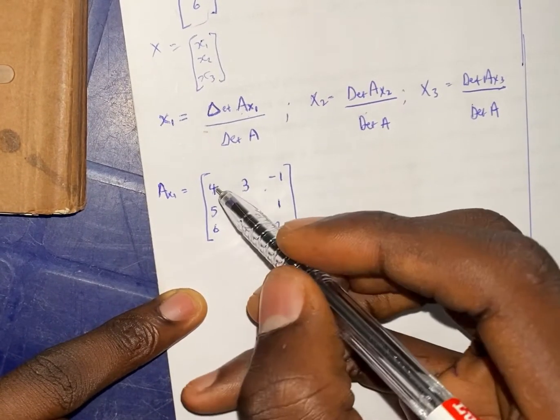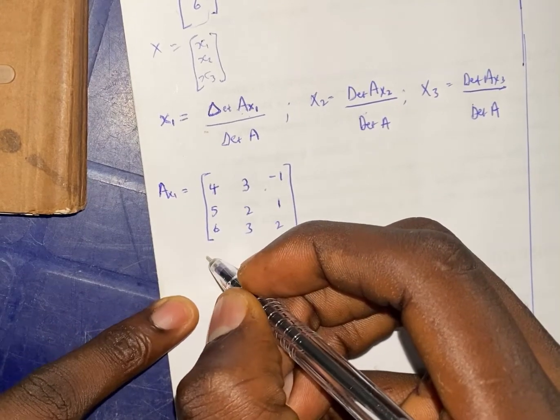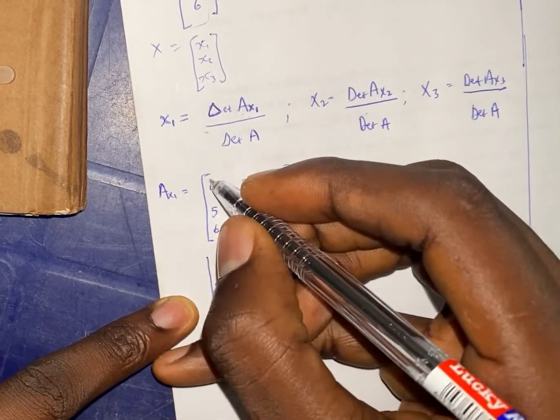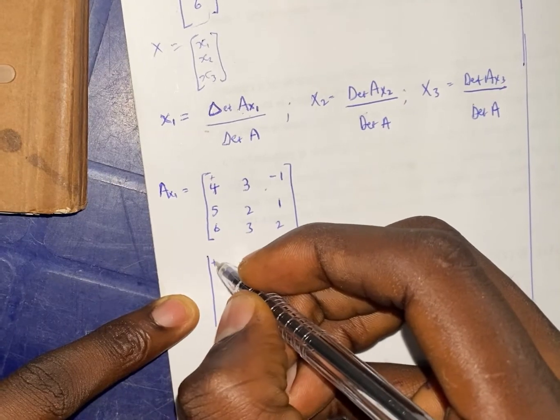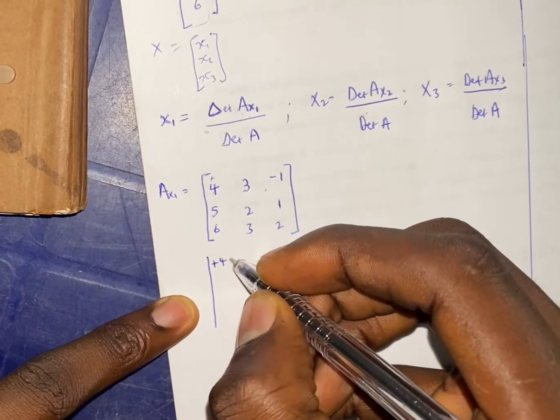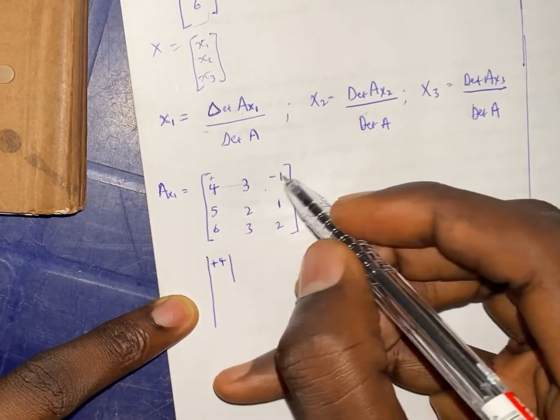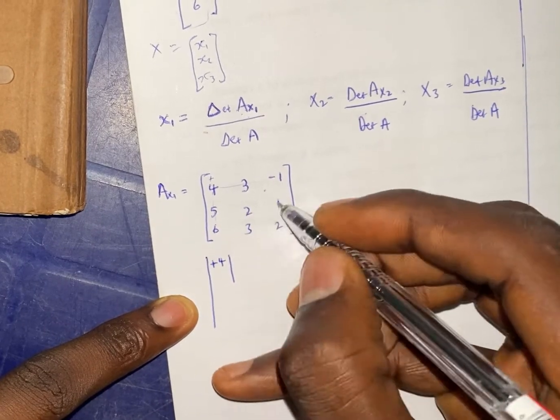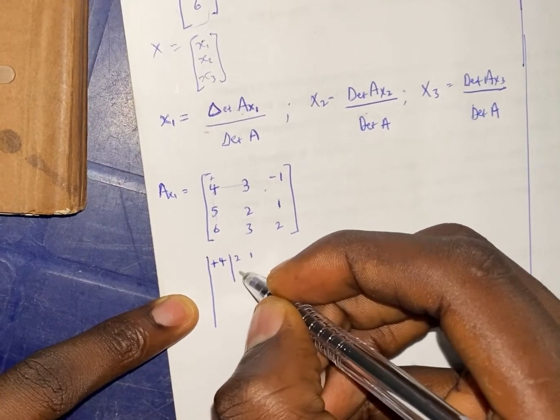Remember your formula for determinant. We have plus 4 multiplied by, you close this, you have this left, 2, 1, 3, 2.